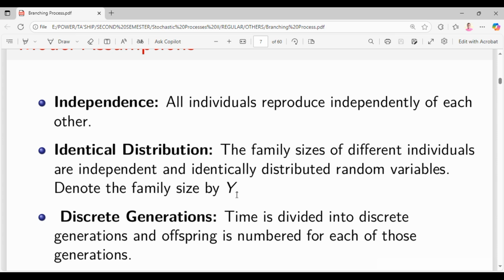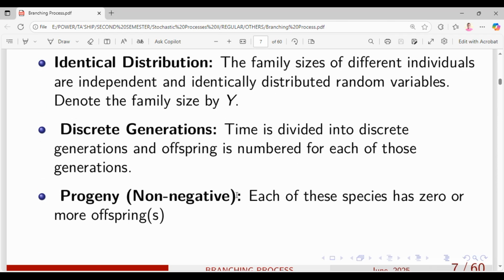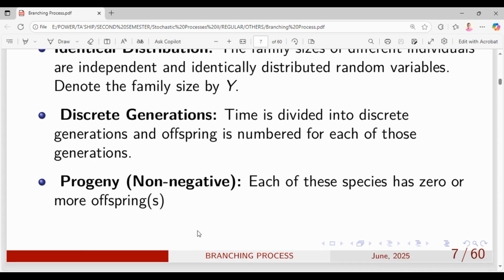We also have discrete generations: the first generation, second, third, and so forth, and the number of children in each generation is also discrete. Like I told you, we cannot have negative offspring in each generation. So that's the progeny assumption.